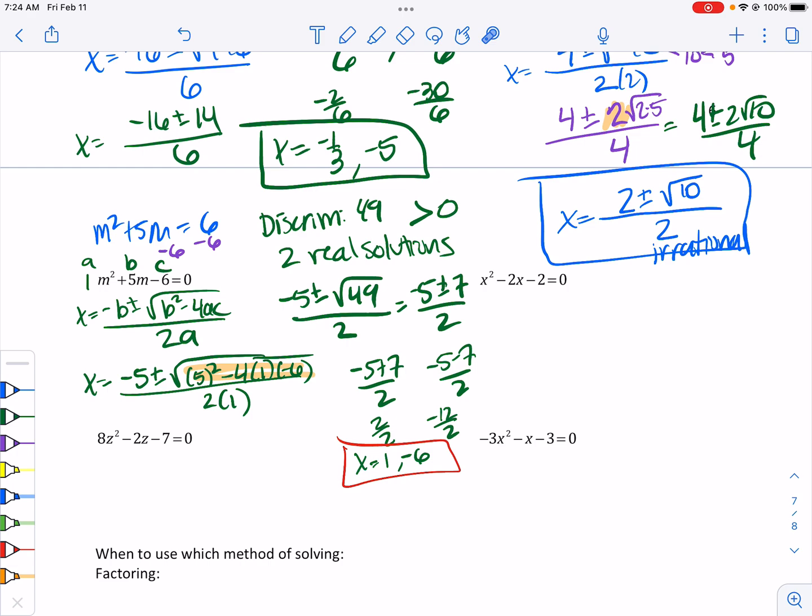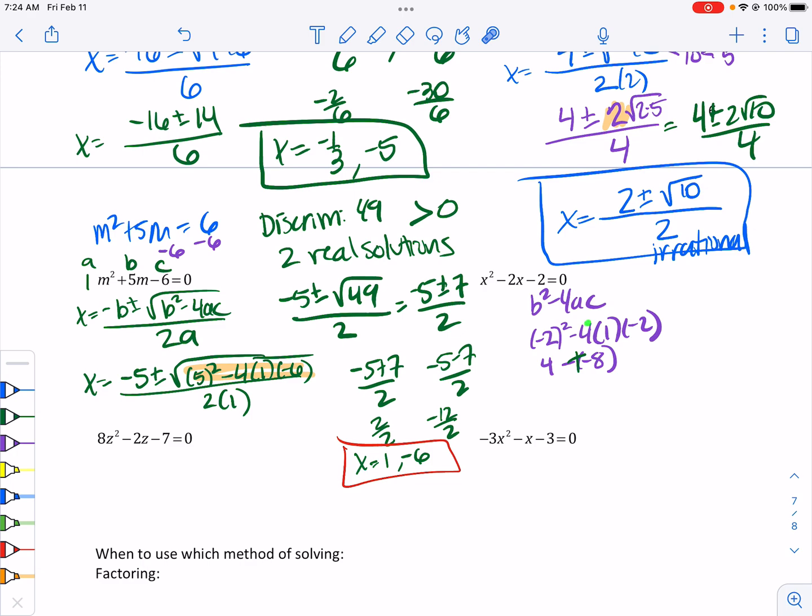Okay? So let's find the discriminant on these 3, and then we'll solve one of the other ones. So our discriminant is just b squared minus 4ac. So our b is -2, squared, minus 4 times 1 times -2. -2 squared would be 4, minus 4 times 1 is 4, times -2 gives us -8, so minus a -8 turns into plus.